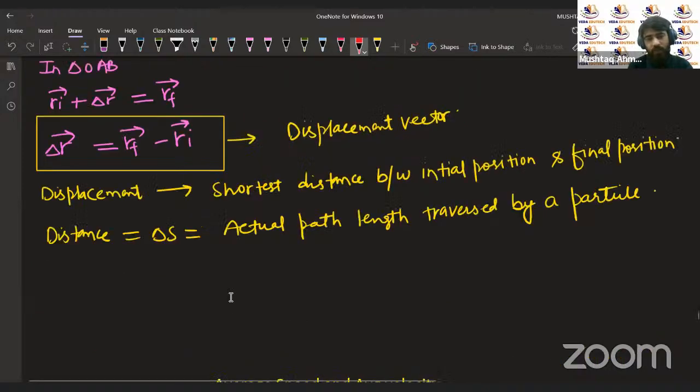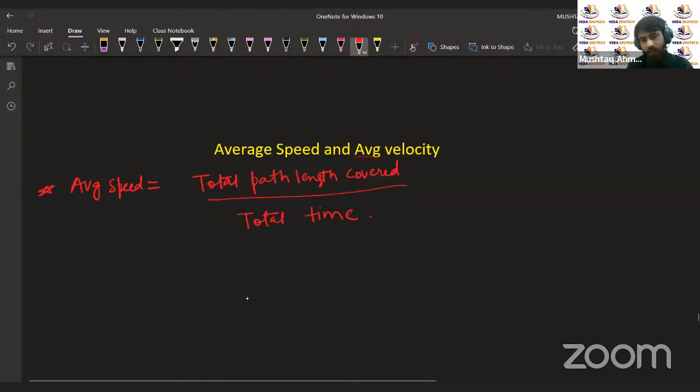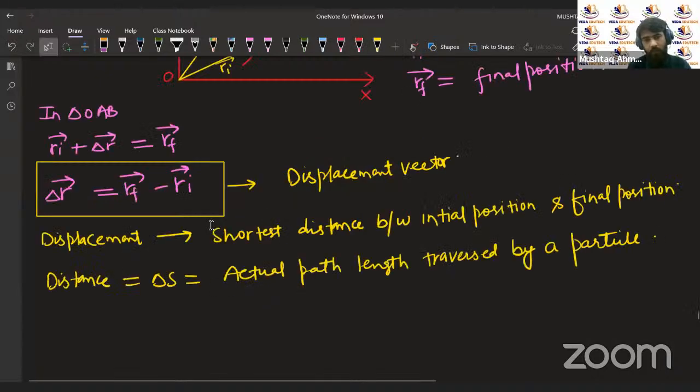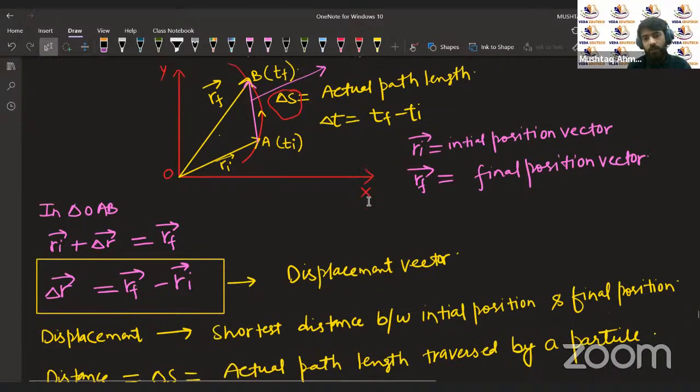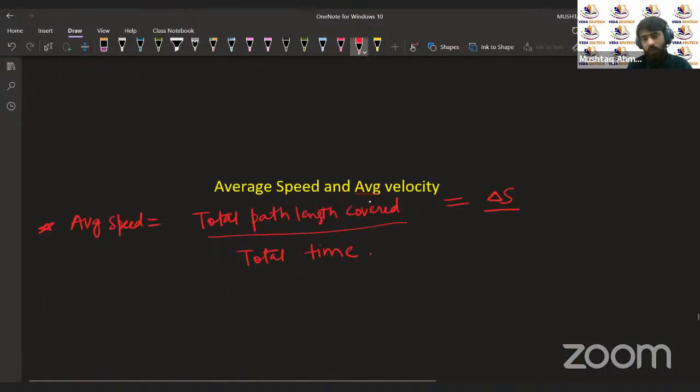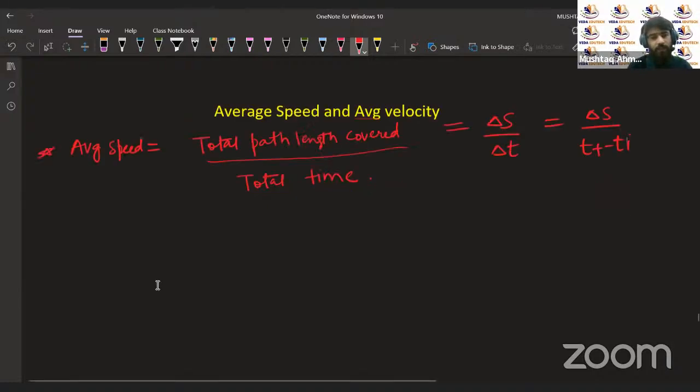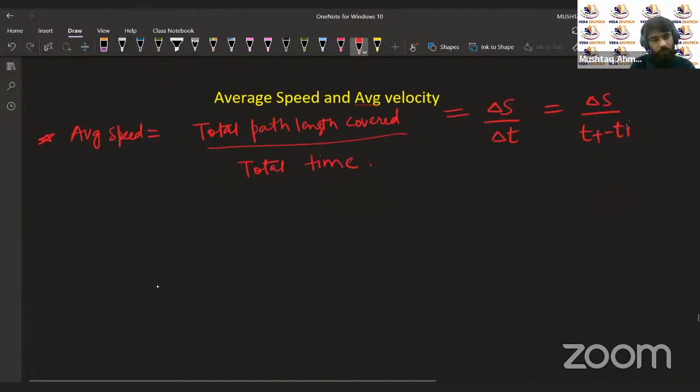This delta S path length was traveled in the time interval delta t, that's t final minus t initial. So we can write it as delta S upon t final minus t initial. This represents our average speed.